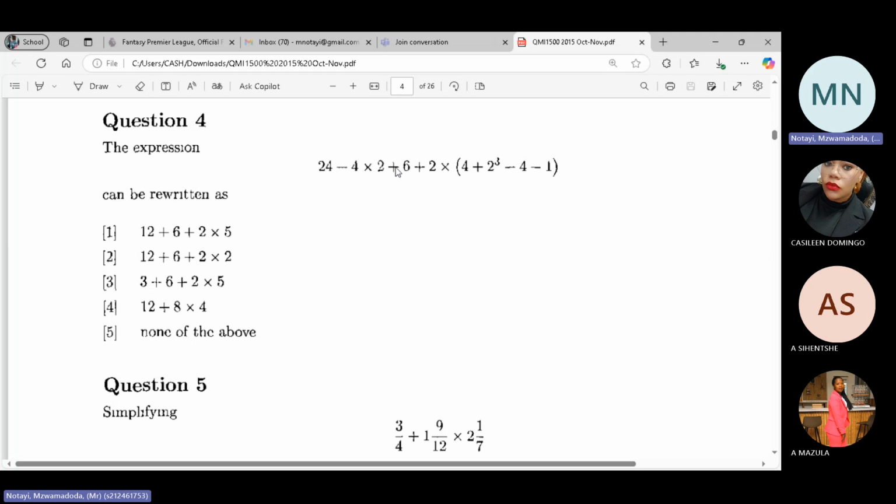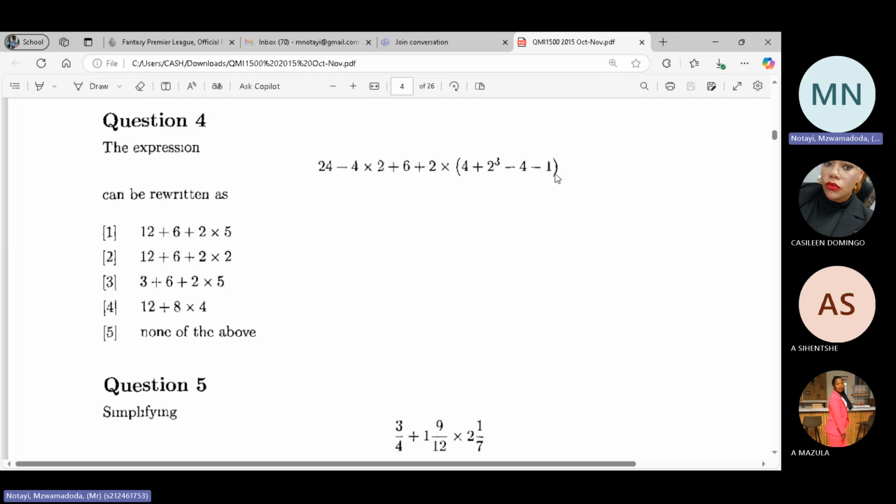We get 16 plus 6 plus 2 times 7. So now you can conclude that none of these best describes the simplified version of that expression.